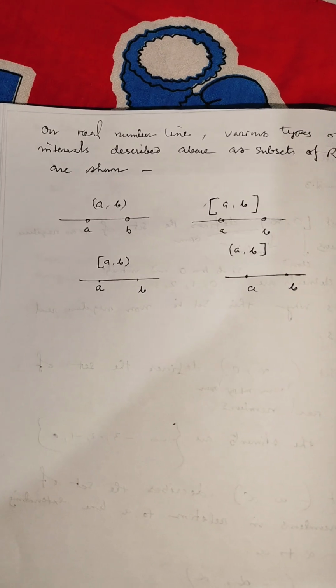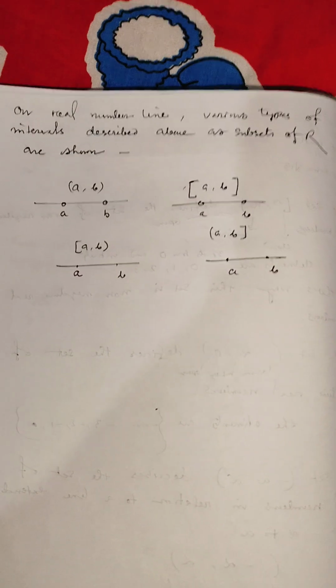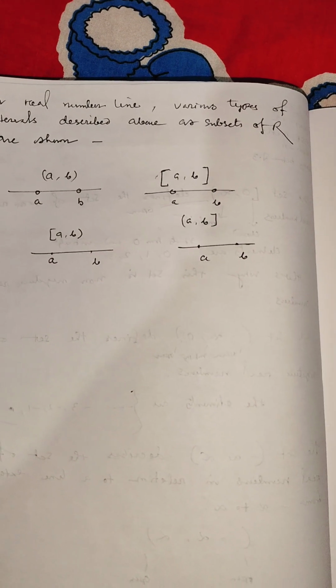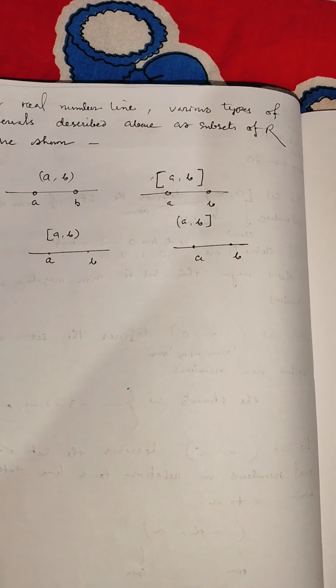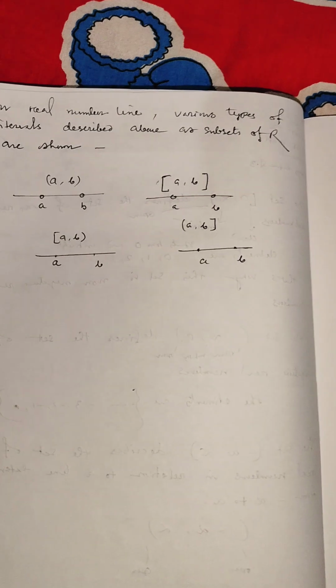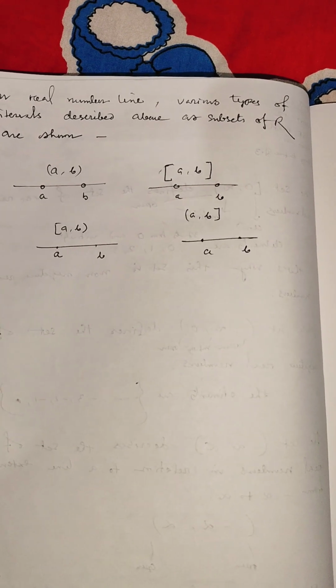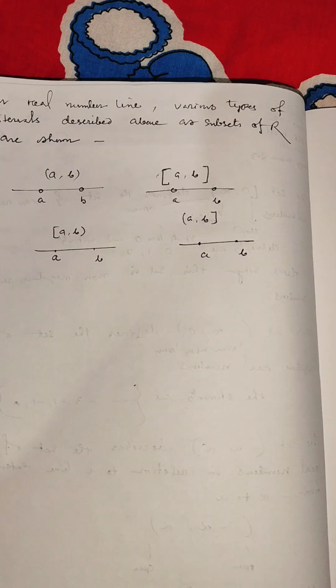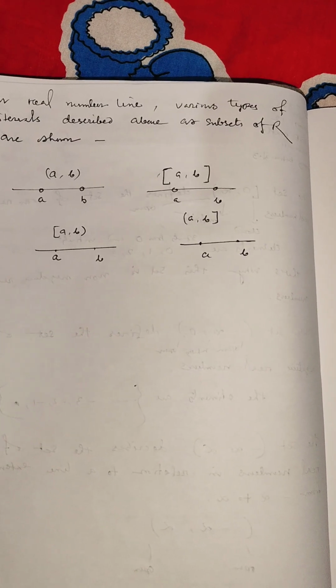Type 1. Both are in the first bracket, that means A and B are not elements. Now these are open. Why?